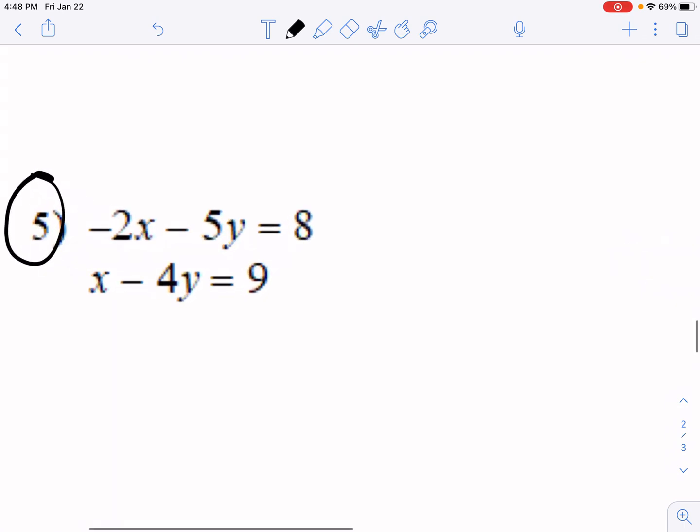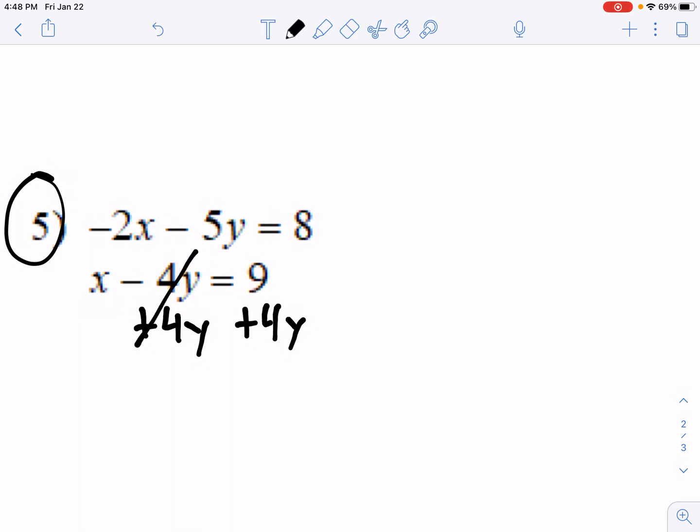Notice I could get x by itself. This doesn't even have a variable in front of x. We could add the 4y over to this side, and that would get x by itself. So if you want to do that too, that's one way we can approach this. That's the route I'm going to take because we only have to add the y over to get x by itself.